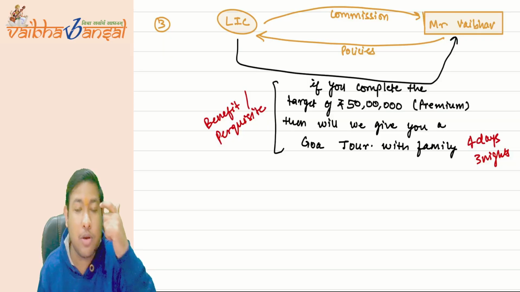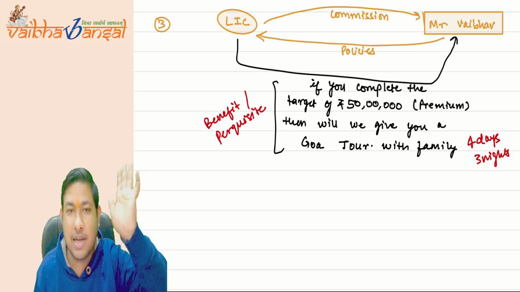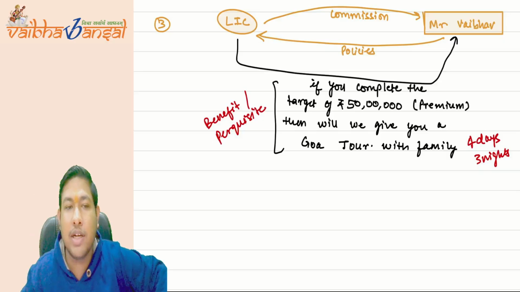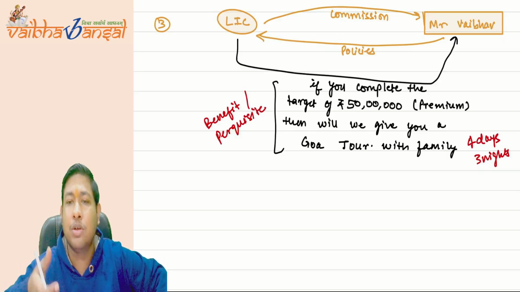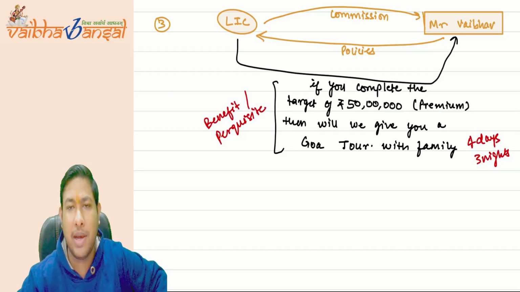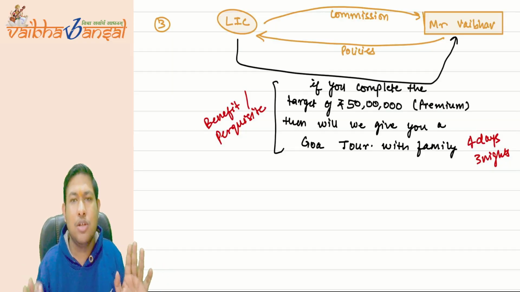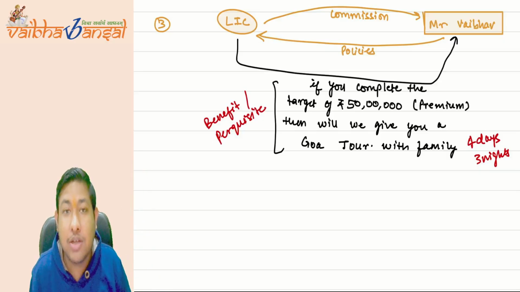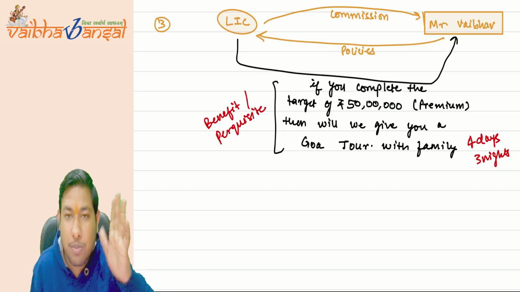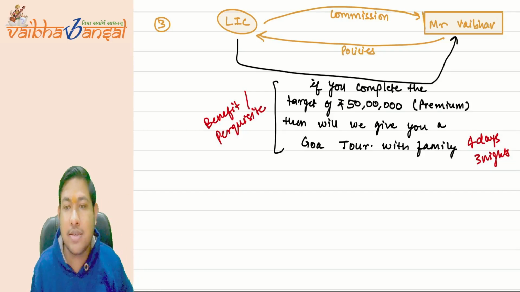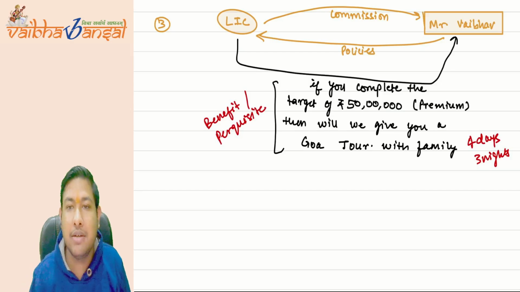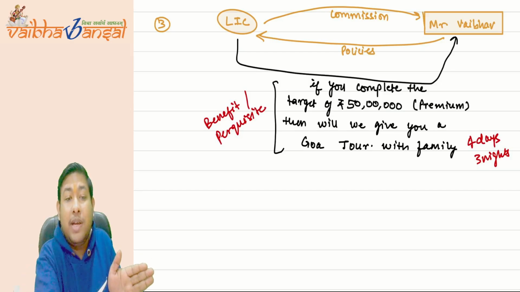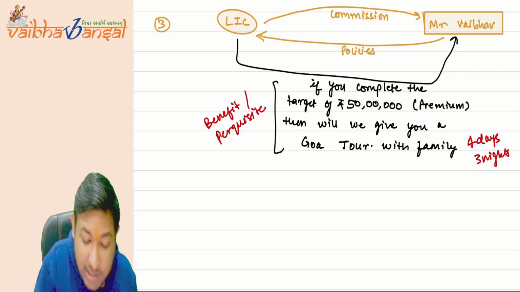There was a problem, because Mr. Weber can say that it is not going to convert into cash, it is in kind. The Goa tour, the benefit given by the company, is in kind, so I do not have the value. So how can you take tax from me? The government of India said, okay, no problem. Whether you have received in cash or in kind, whether it is convertible into money or not, we do not care.